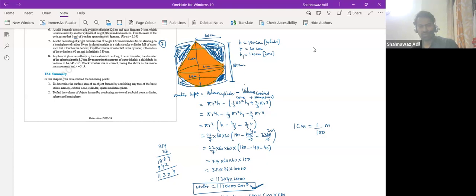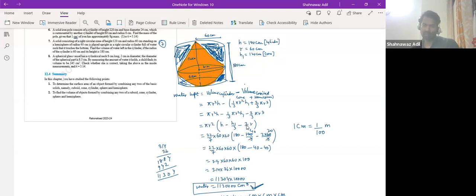So, in this one, I have not used the calculator, right? The idea is that always write the numbers in the last.